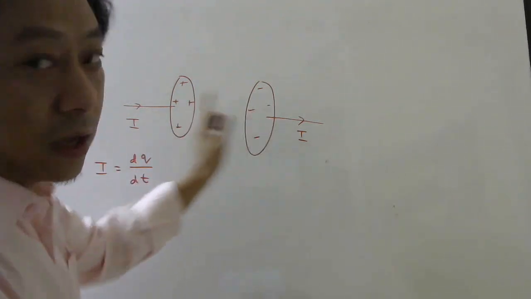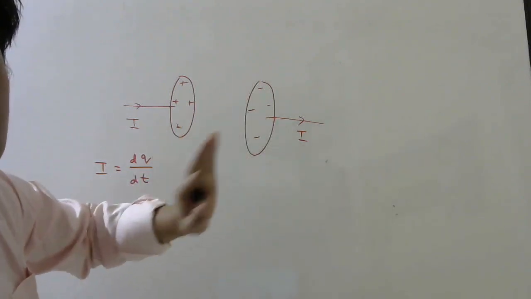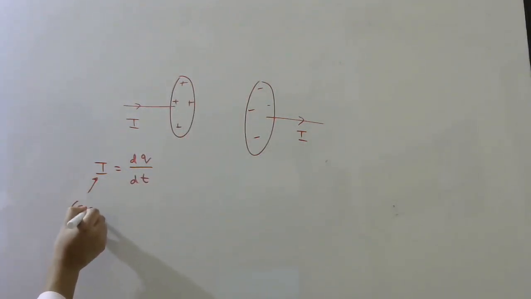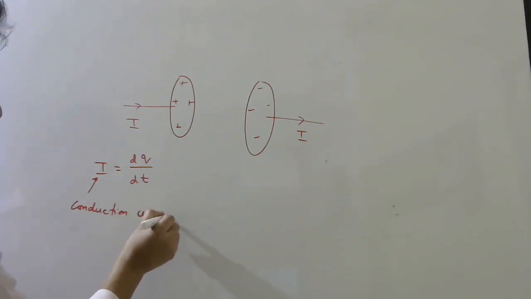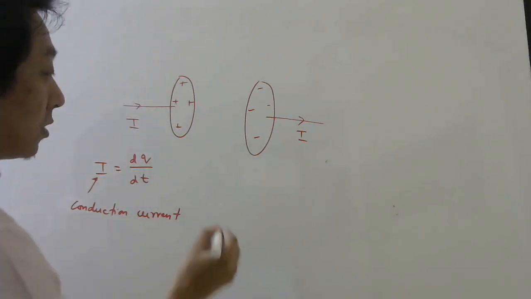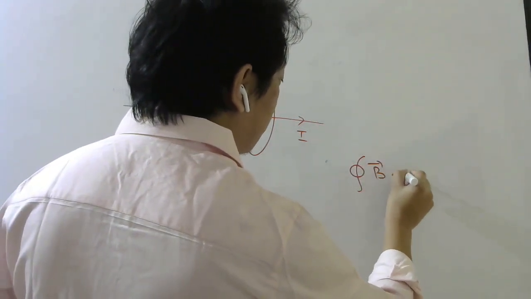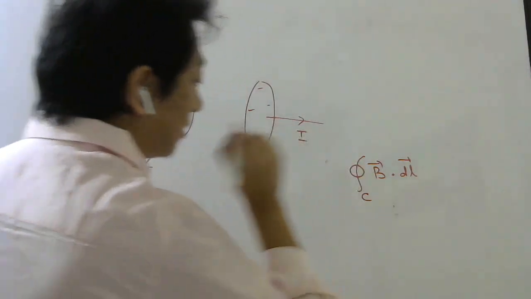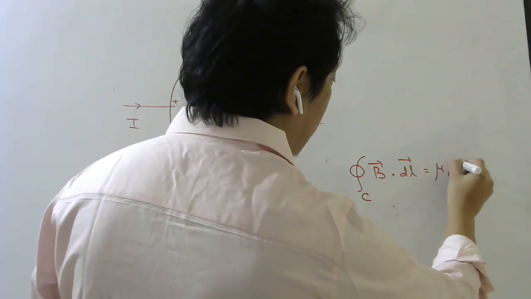In between the capacitor, obviously there are no charges flowing, so there is no real current or no conduction current. This is sometimes called conduction current. And to find the magnetic field due to this current, we use Ampere's circuital law. Integral of B dot dl, which should be done in a loop. Let us say C is the loop, and that should be equal to mu naught times the current.